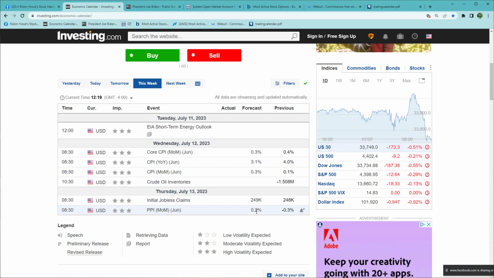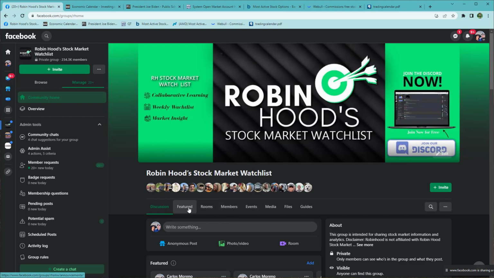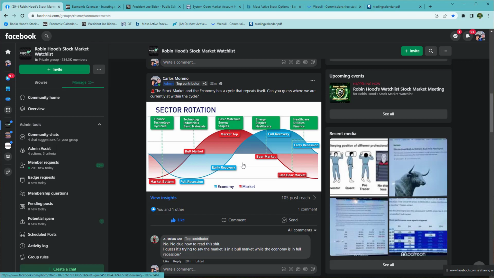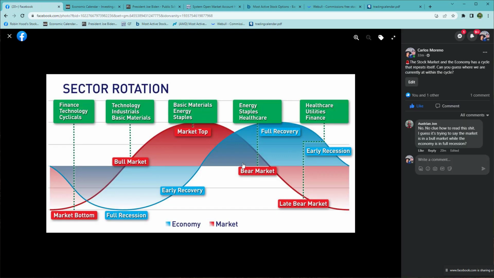But I also posted some things this morning to remind you where we're at with our stock market and our economic cycle. Because it's always important to know where we're at and where we were at and where we're going. This is something that we've been talking about almost every single stock market meeting, ever since we've been on the market bottom, which was like 6, 7, 8 months ago.